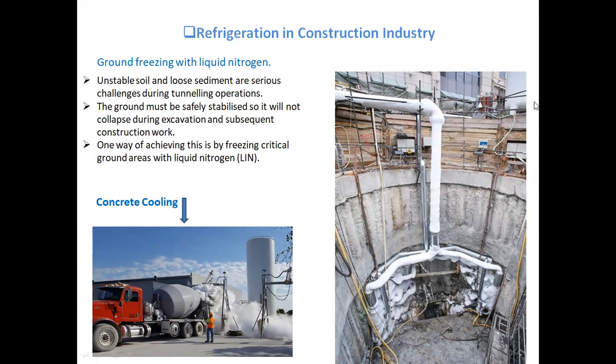So in that case, the liquid nitrogen, as shown here, this pipe of liquid nitrogen, is first supplied and then passed to the soil where you are going to bore the tunnel. And because of this liquid nitrogen, the soil gets hardened, and you can easily bore the tunnel in that ground.